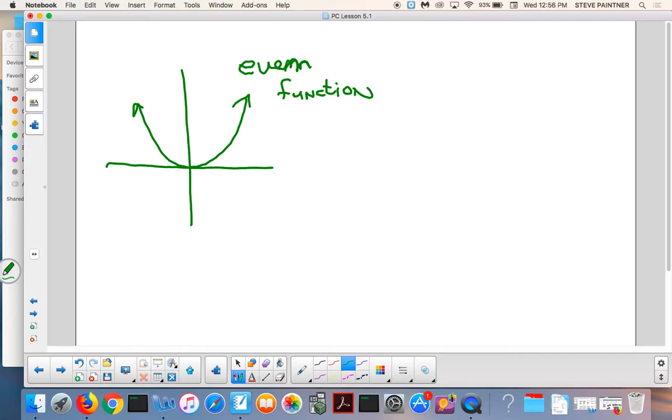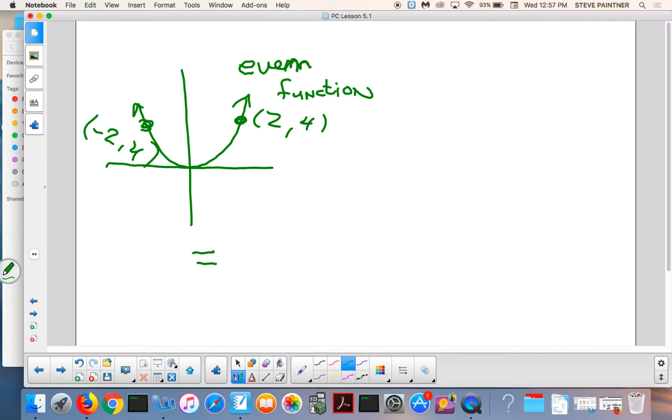If this point is on there, 2, 4, over here you have what? Negative 2, 4, right? Basically what changes? The x. If you plug 2 into your function, you get 4. If you plug negative 2 in, you'll get the same answer, 4.